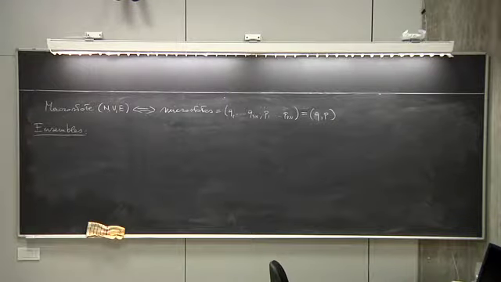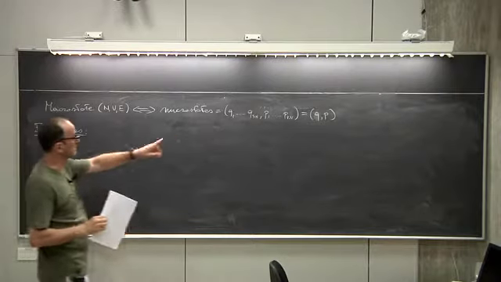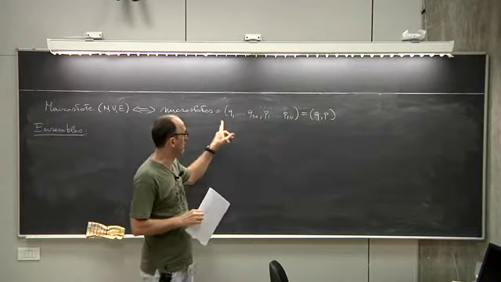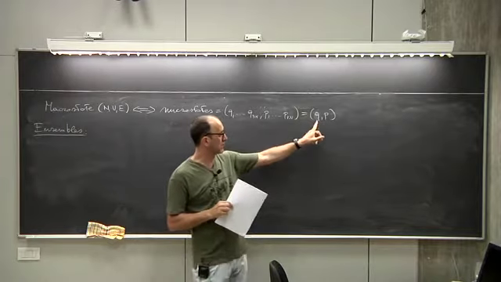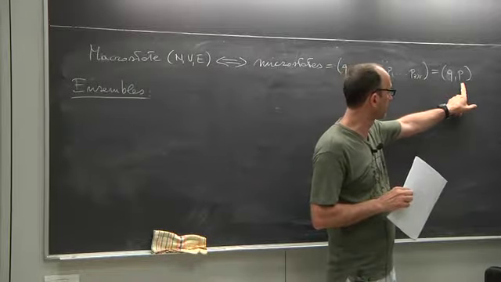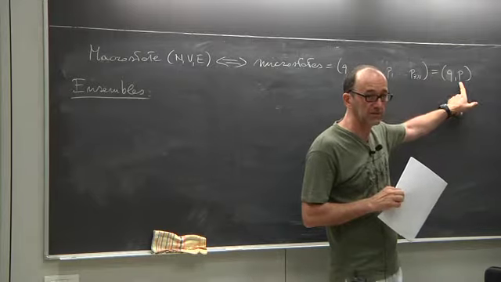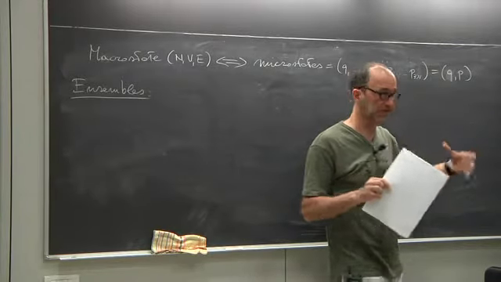Now, the microstate will be essentially the specification of all these numbers, and it is very useful to think about this as a point in a space, okay?